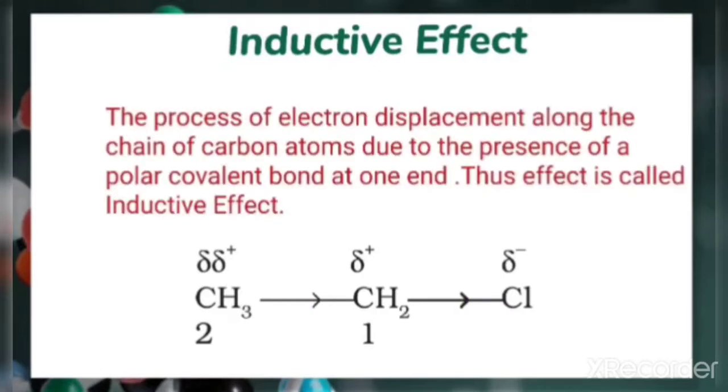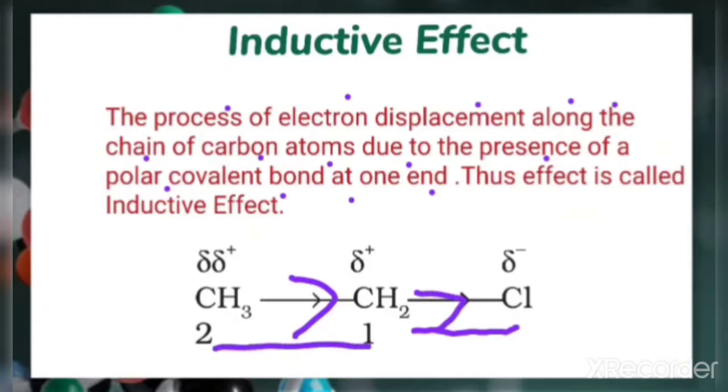So how do we define this? The process of electron displacement along the chain of carbon atoms due to the presence of a polar covalent bond at one end. As it is here, there is a polar covalent bond at one end, and what we can see is a displacement of electron along the carbon chain.